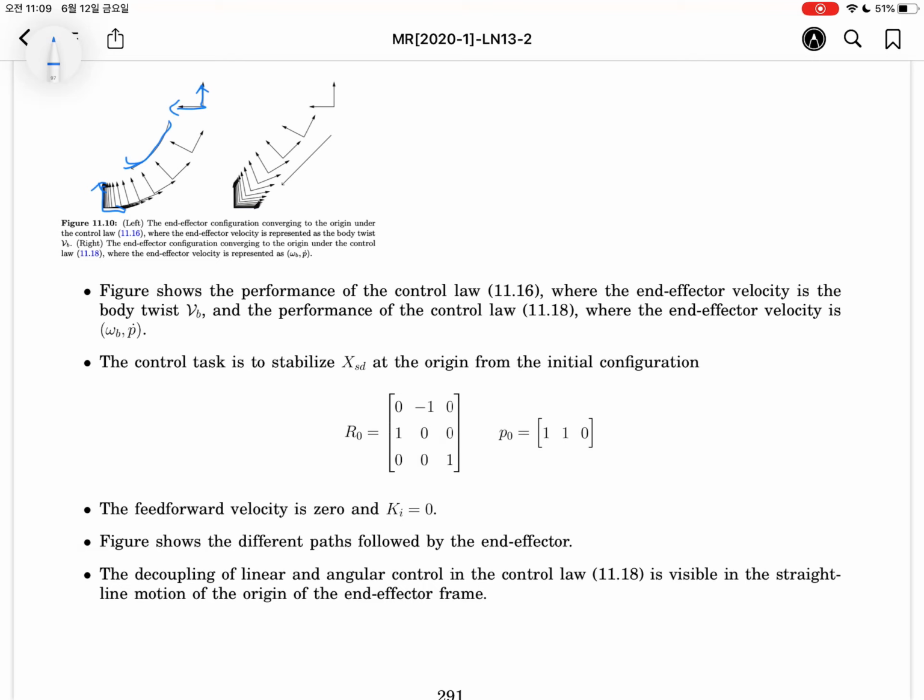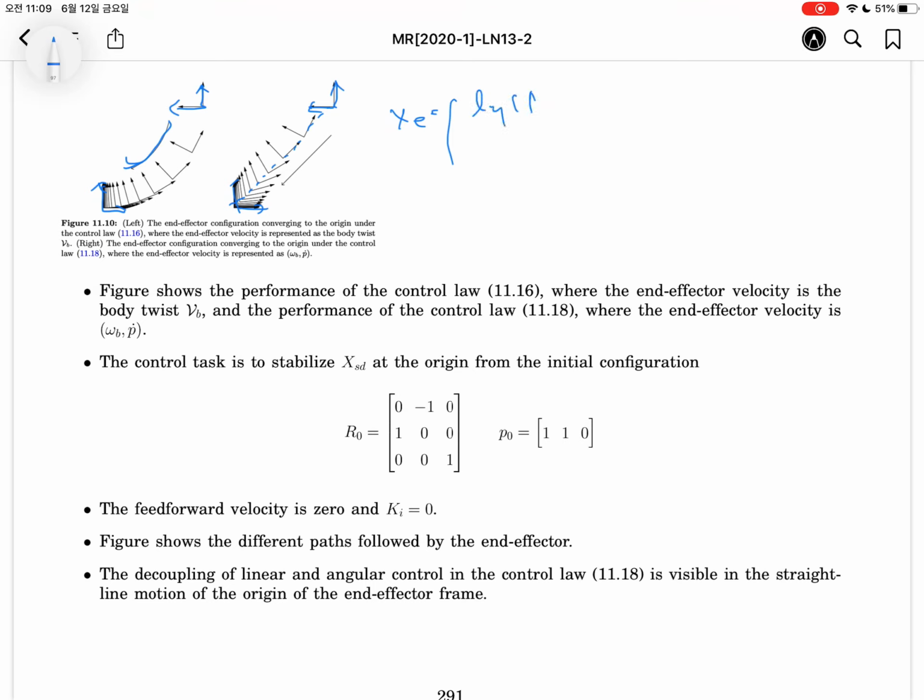Then it shows a little bit natural motion. On the other hand, the decoupled orientation and translation motion, initial condition, and the final configuration. In the case of translation motion, we follow the straight line, because it was decoupled in calculating the XE.